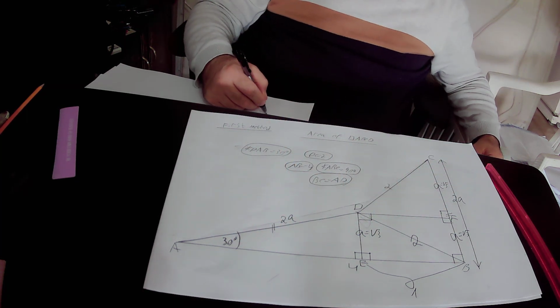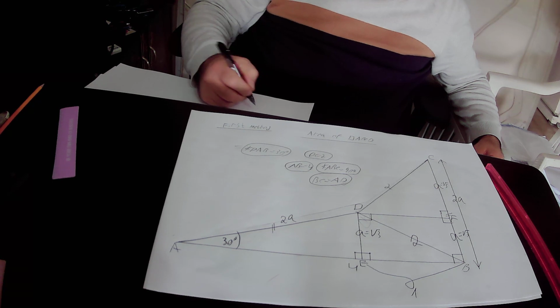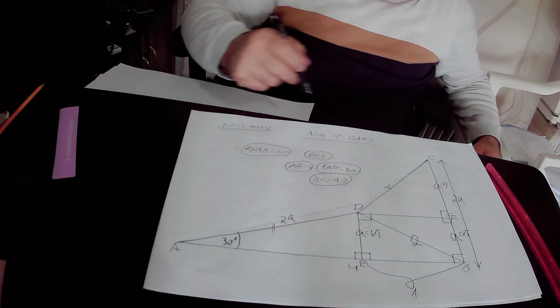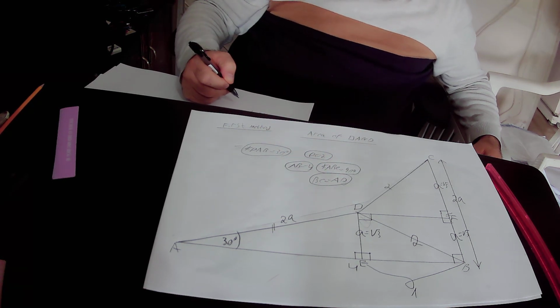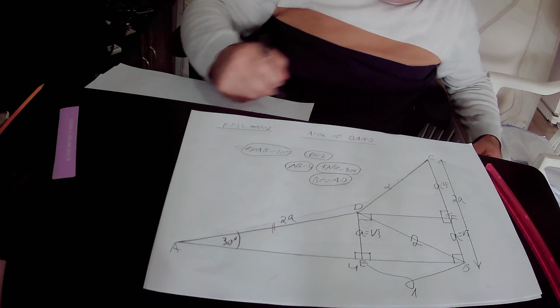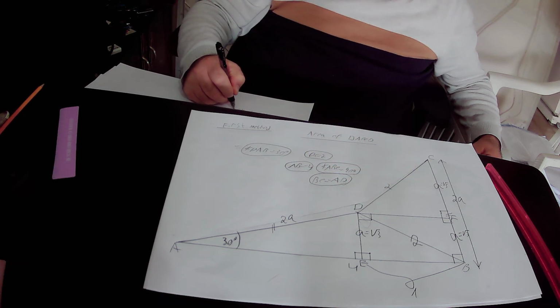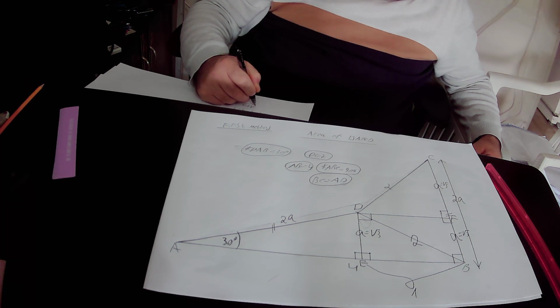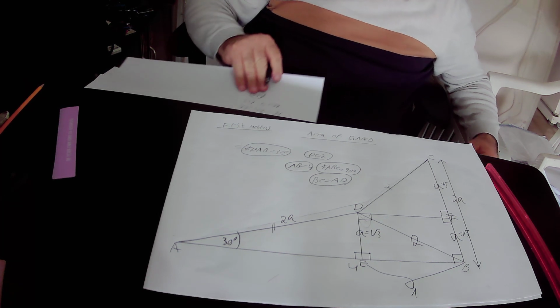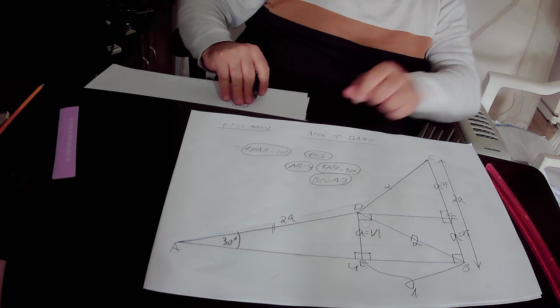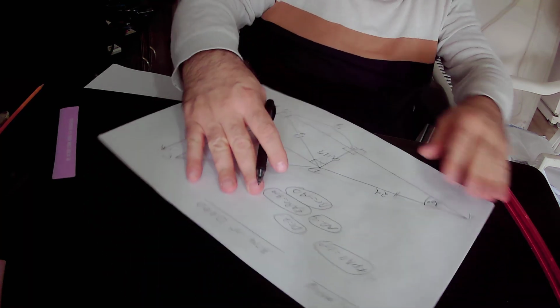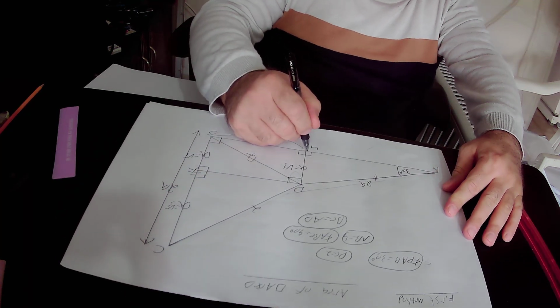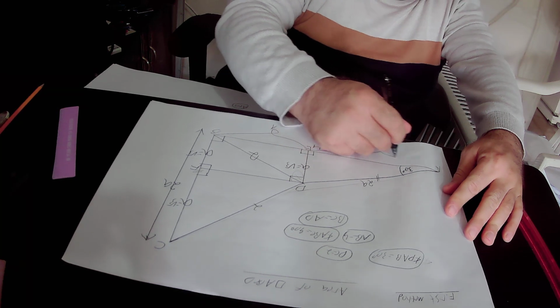So AE equals AB, that is 4 units, minus EB, that is 1 unit. 4 minus 1 is 3, so we found that AE equals 3 units. We can write down here that AE equals 3 units.